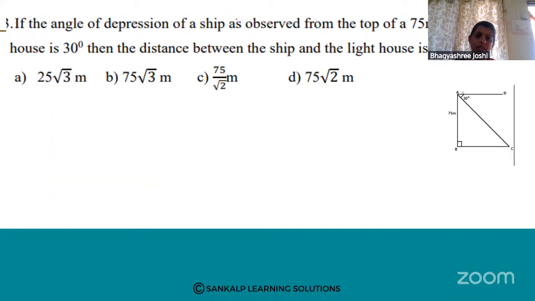If the angle of depression of the ship as observed from the top of a 75-meter high lighthouse is 30 degree, then the distance between the ship and the lighthouse is.